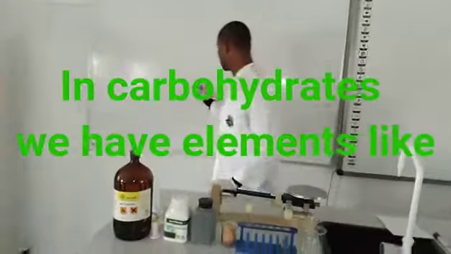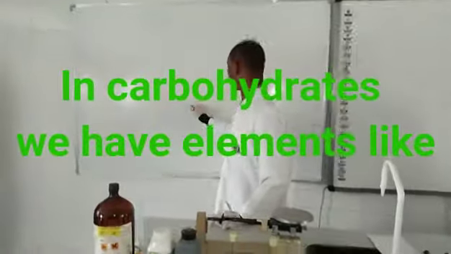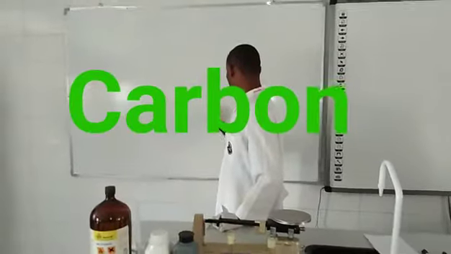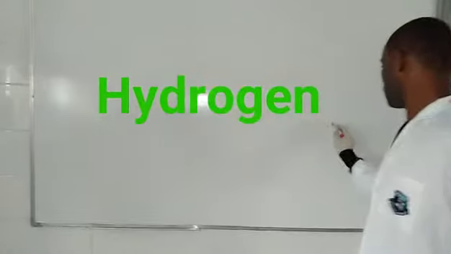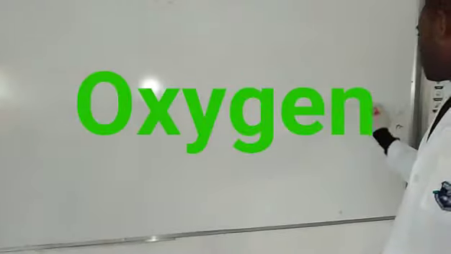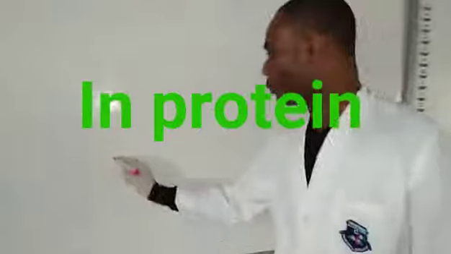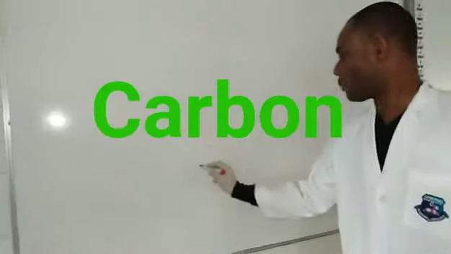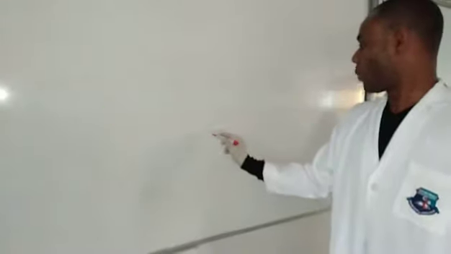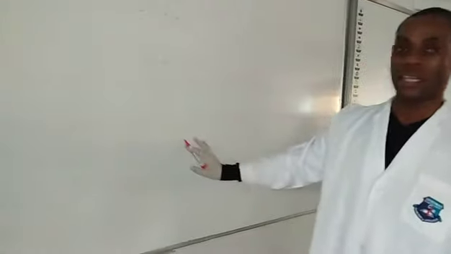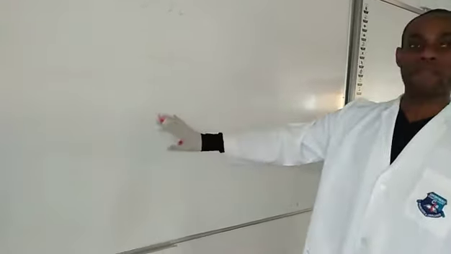In carbohydrate, we are going to have elements like carbon, hydrogen, and oxygen. In protein, we will have carbon, hydrogen, oxygen, and nitrogen as basic elements that are found in proteins.